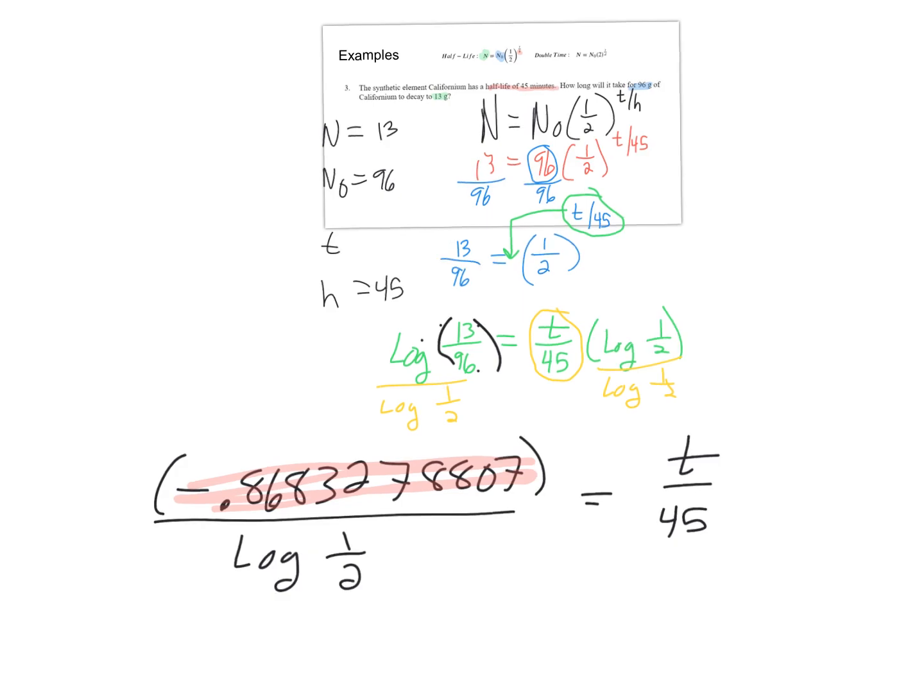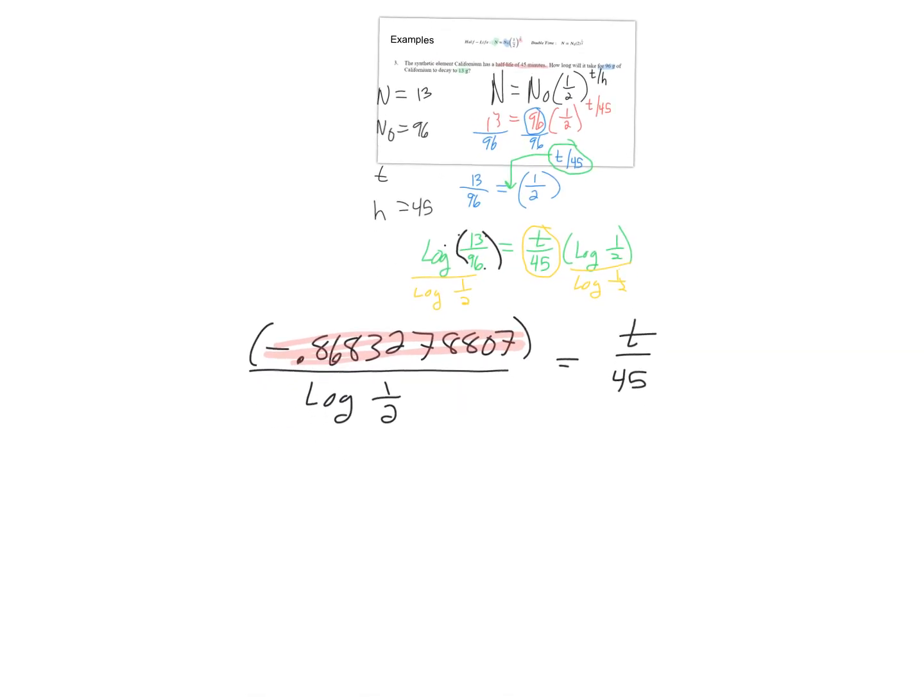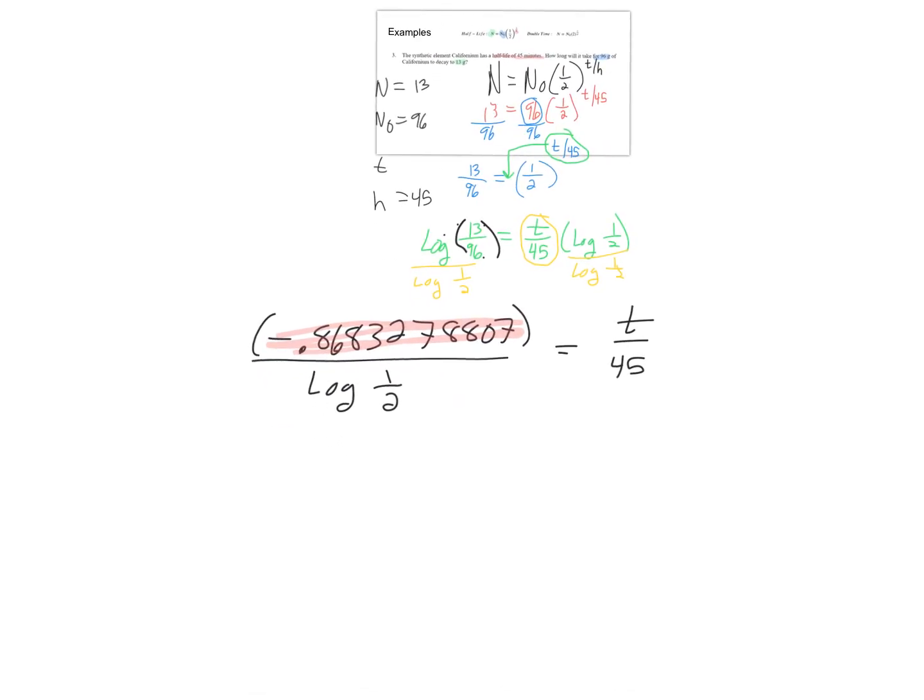Okay, I'm going to shrink this down again so we have more room. Okay, so now I'm going to divide that decimal that's still in my calculator. I'm now going to divide it by log of 1/2. So again, depending on your calculator, you may have to do 1 divided by 2, hit the log button, and then equals. So you would do divided by, so it should do the previous decimal, then 1 divided by 2, and then hit the log button, and then equals, and it should give you the answer.